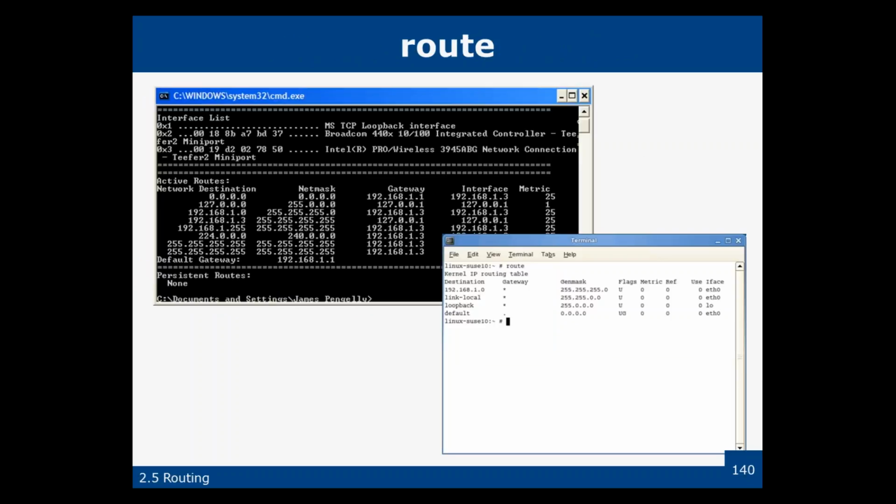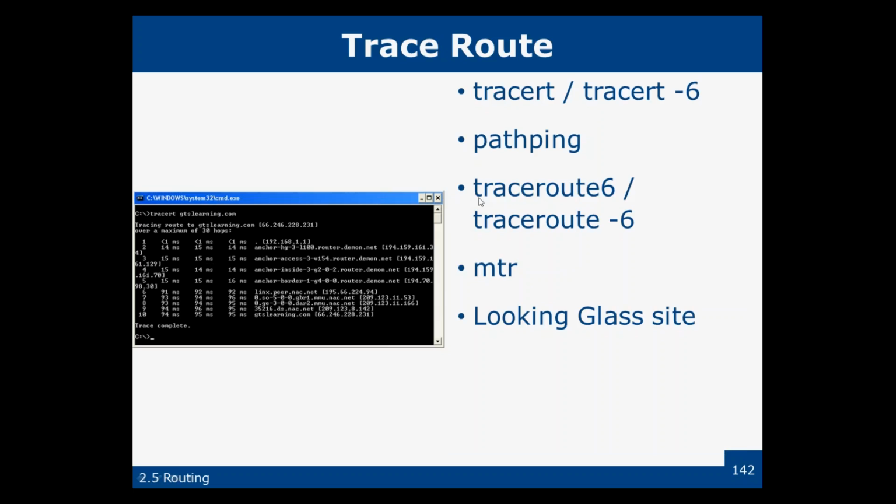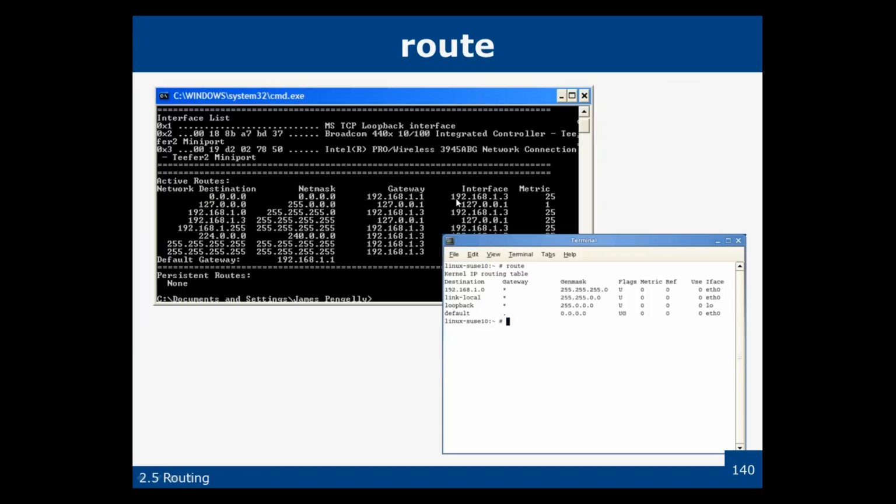Configuration tools. Let's see, the route. You can see the route on your machine by using the route print command. You can also see it on a Linux machine, but this one shows the default route, 0.0.0.0 with a mask of 0.0.0.0, which is the default route. It goes to the gateway, which is 192.168.1.1. 192.168.1.3 is the interface on the computer itself.